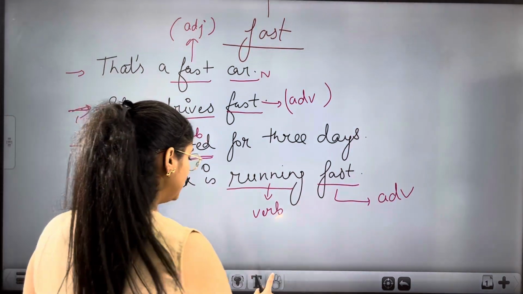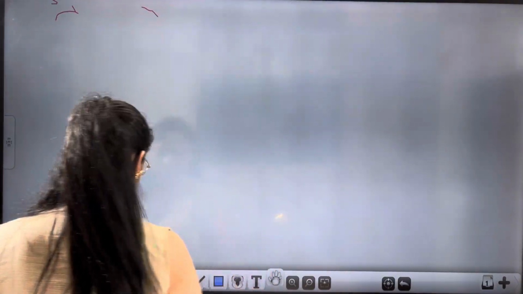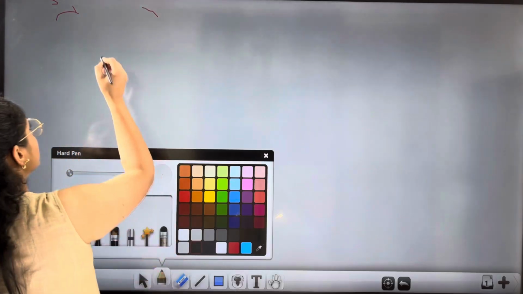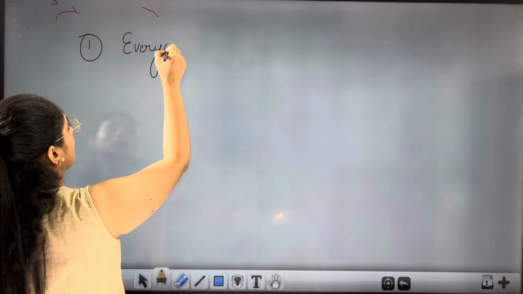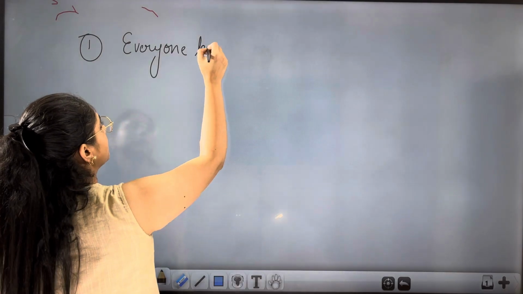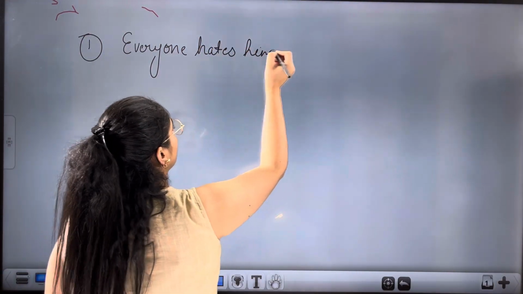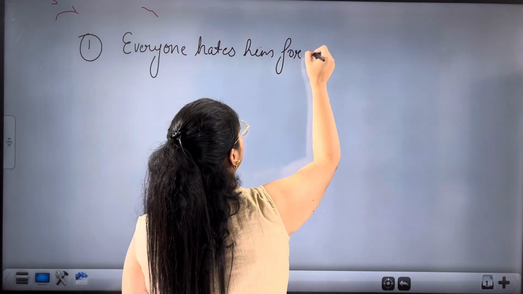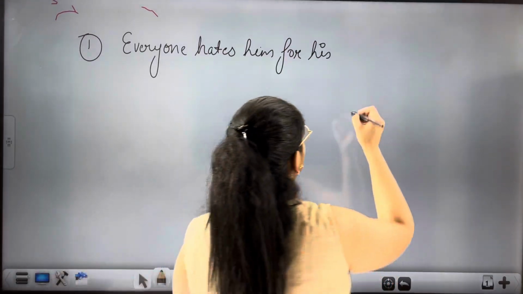Now let's consider a few questions, how the questions are asked in your paper. I have one question for you. First question says, everyone hates him for his repulsive looks.